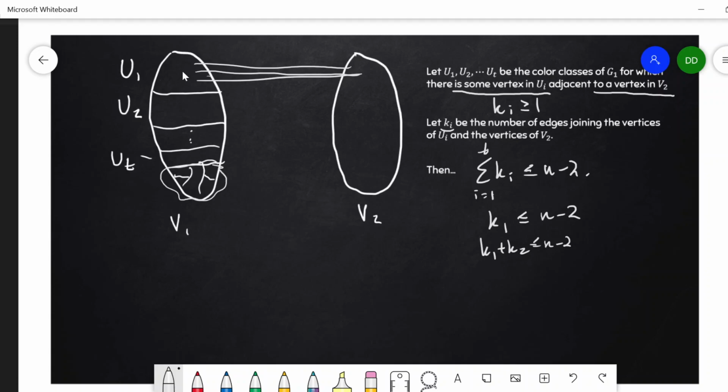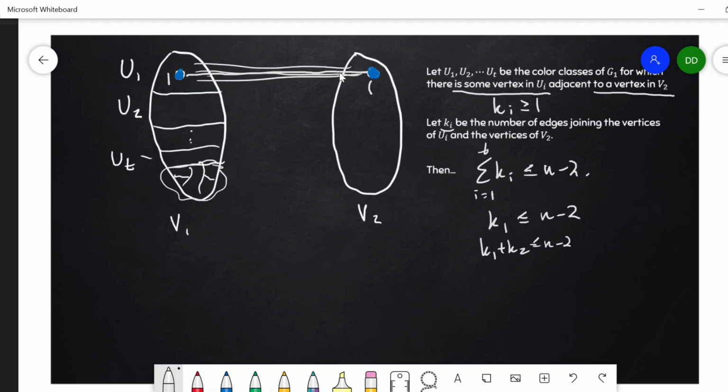And so let's just say, for instance, that in U1 I have this case where I have a vertex, let's say colored 1, that's adjacent to a vertex in V sub 2 that's also colored 1. So this would be a problem. This is what I'm trying to eliminate. I'm trying to permute my colors so this doesn't happen.